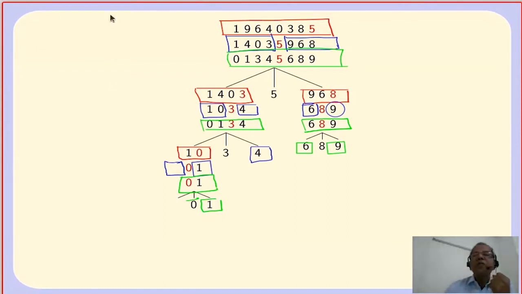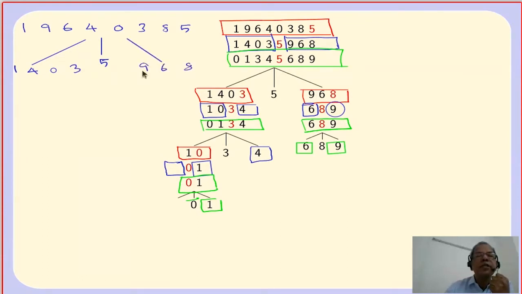or if you want, we could have also written this as 1, 9, 6, 4, 0, 3, 8, 5. 5 is the pivot, 1, 4, 0, 3, 9, 6, 8.